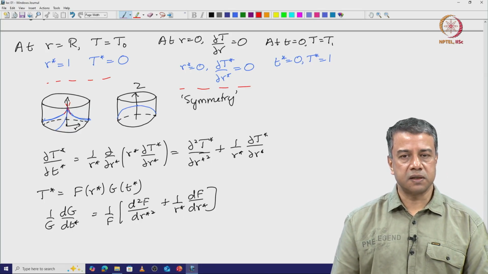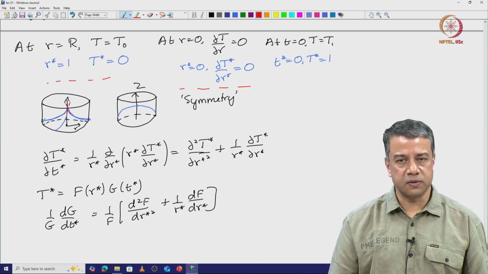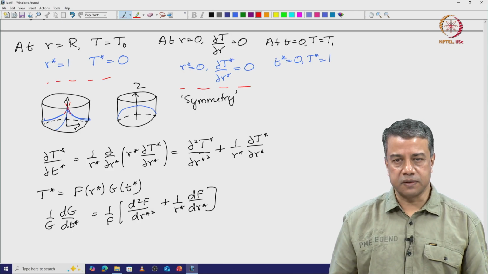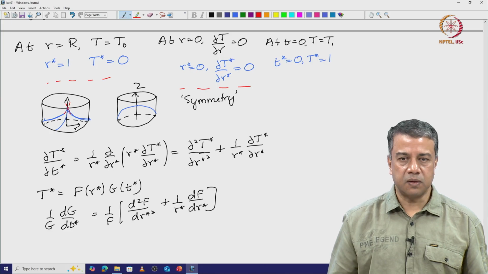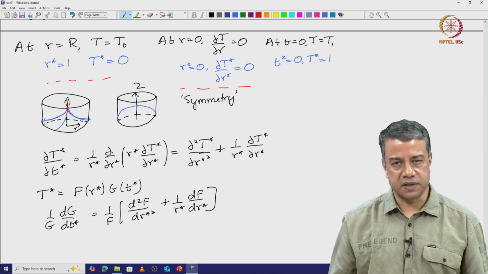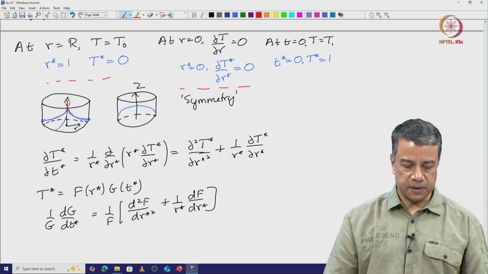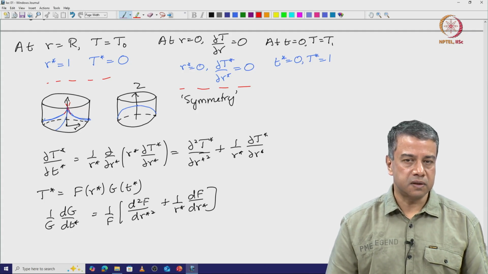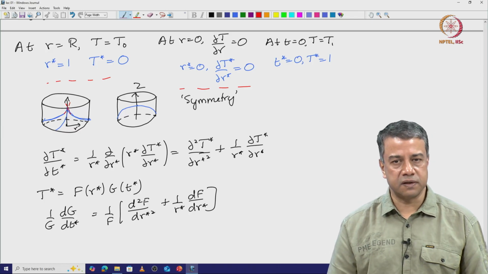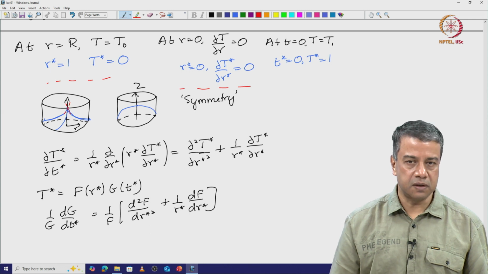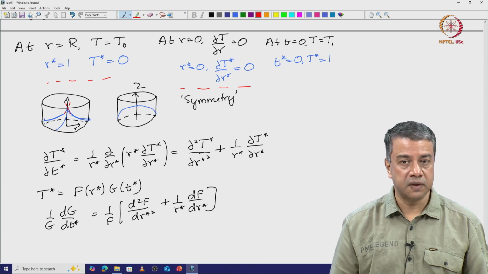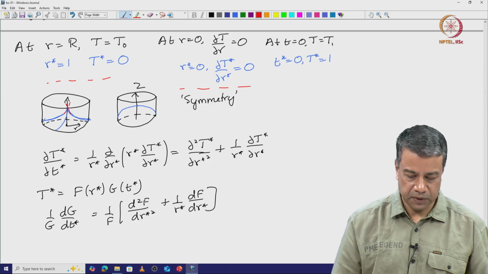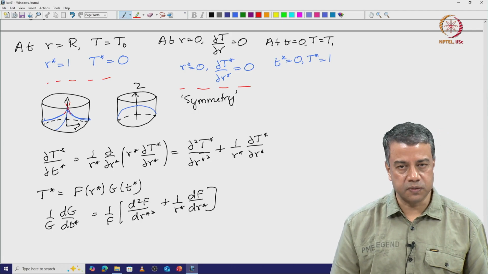Homogeneous boundary conditions are where either the function is equal to 0 or its derivative is equal to 0 or some linear combination of the function and its derivative is equal to 0 at all spatial boundaries. Then you have homogeneous spatial boundary conditions. In this case, the boundary conditions are homogeneous.